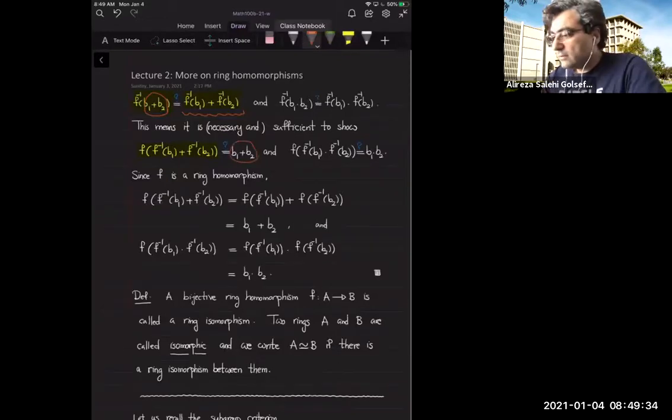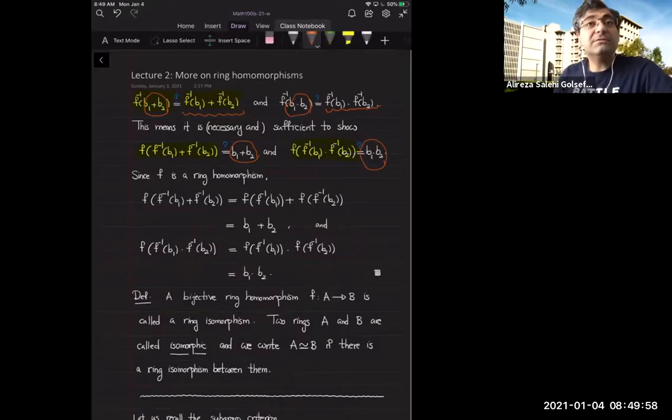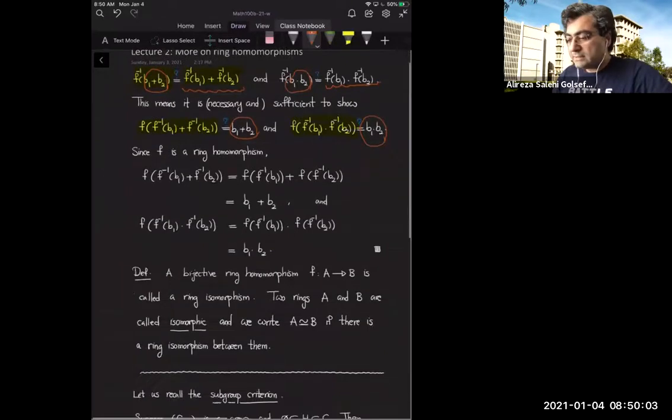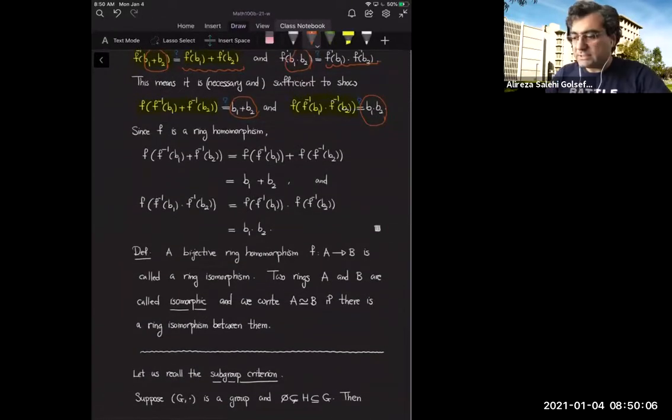And the same is true for the other equality. So we need to show that F of F inverse of b1 times F inverse of b2 is the same as b1 times b2. As soon as we show these two equalities, we get the claim. But now I can use the fact that F is a ring homomorphism, and that means that when I apply F to this summation, it is F applied to the first summand plus F applied to the second summand.